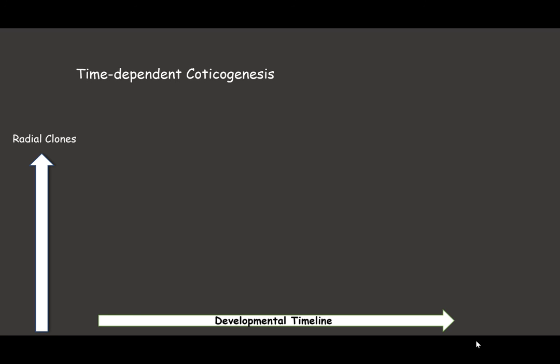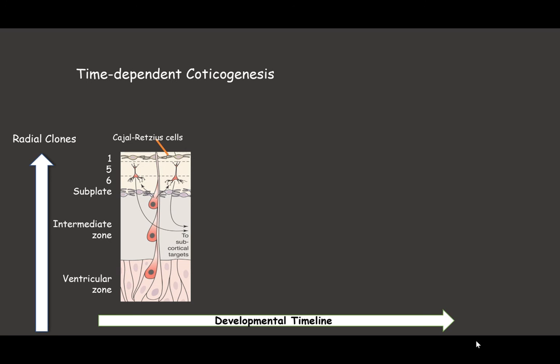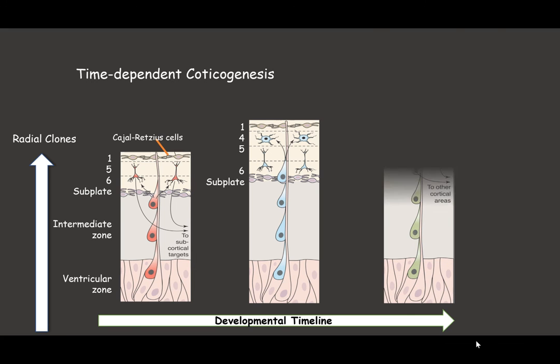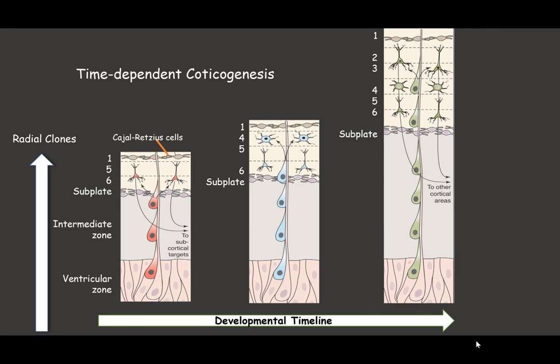After the birth and migration of the Cajal-Retzius cells in layer 1 and the subplate cells, the next neurons to be generated in the cortex are the pyramidal neurons of the deep layers 5 and 6, whose axons project to subcortical targets. The next neurons to be born are the local interneurons in layer 4 of the cortex. Finally, the pyramidal cells of the upper layers 2 and 3 are generated. They send axons to other cortical areas.